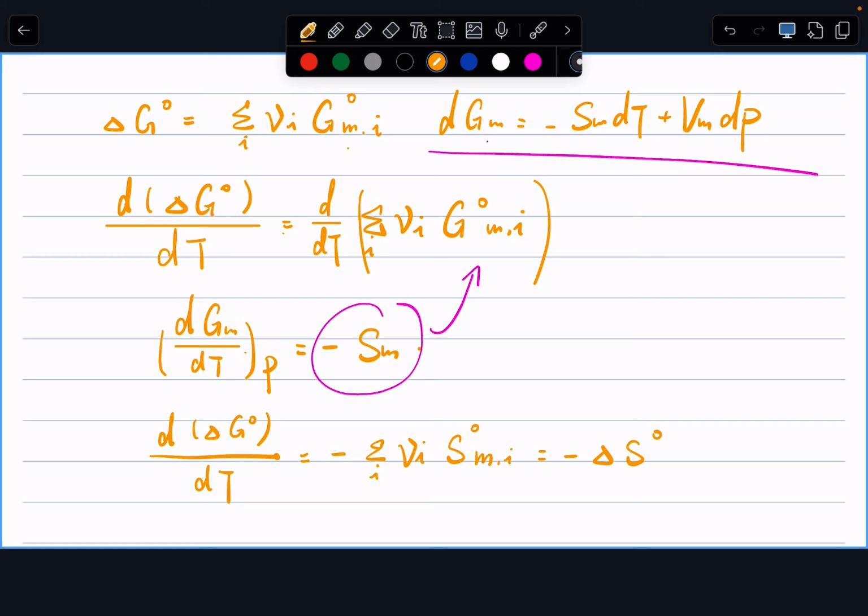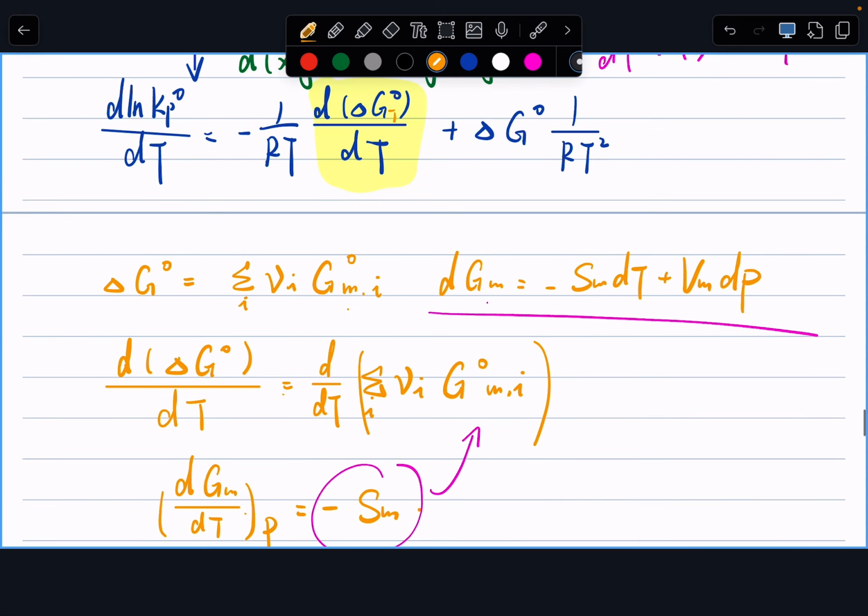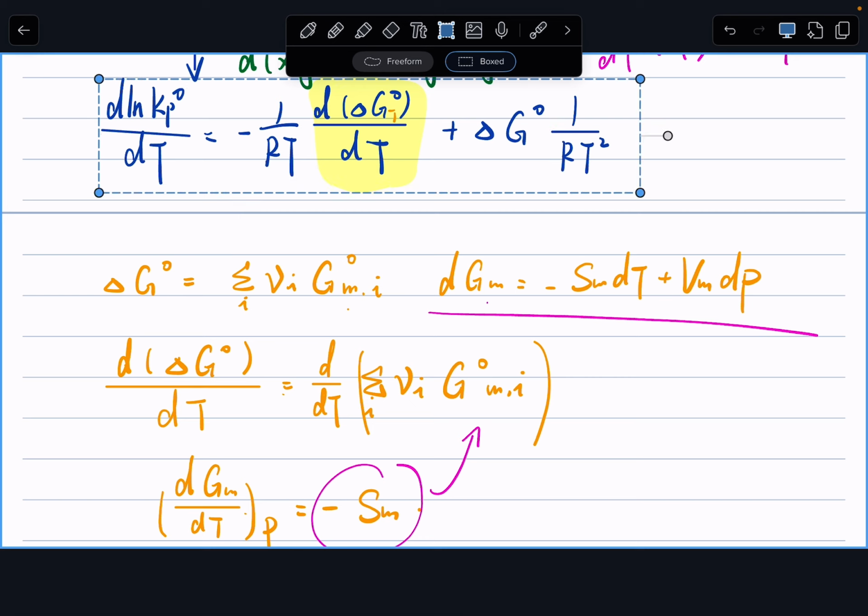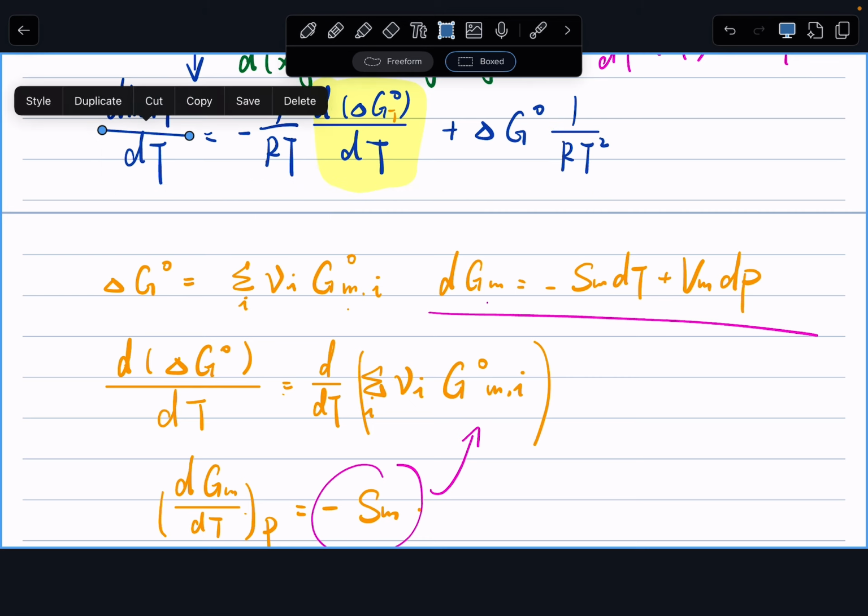So far, so good? All right, and then from here, what else do we have? Going back to this original equation, I'm just going to copy this back down.